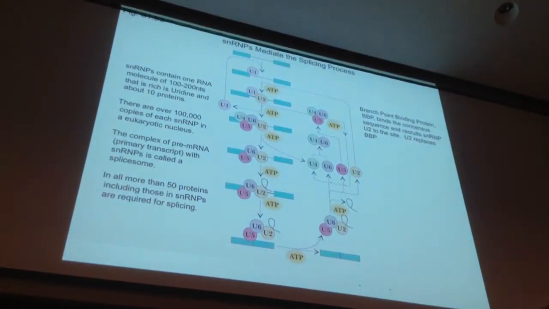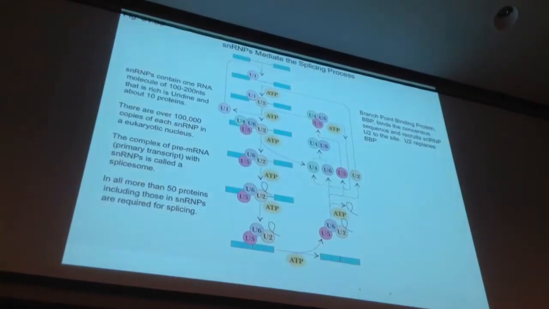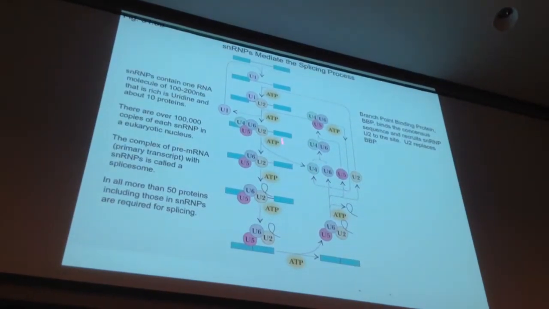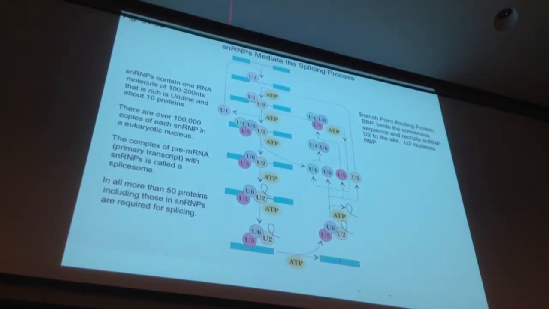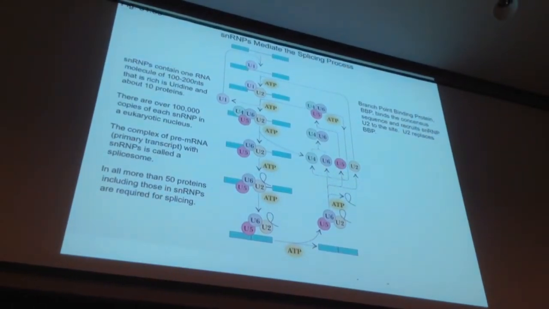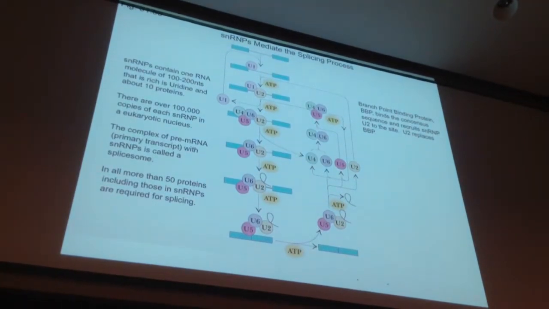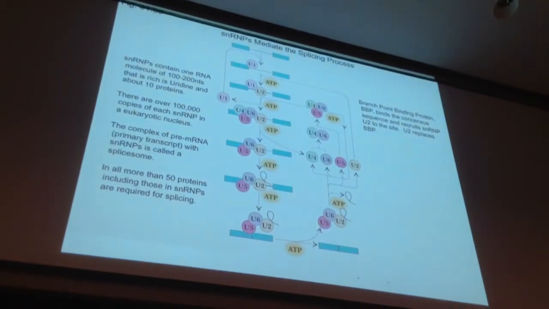Everybody see that? As I'm going to show you in a minute, I'm going to begin to show you all of this movement. I'm not going to show you much of it, and I want you to just barely understand it a little bit. But everything that happens in this whole processing step has to do with those U1 RNAs moving with each other, recognizing the consensus sequences in the intron, and recognizing each other.